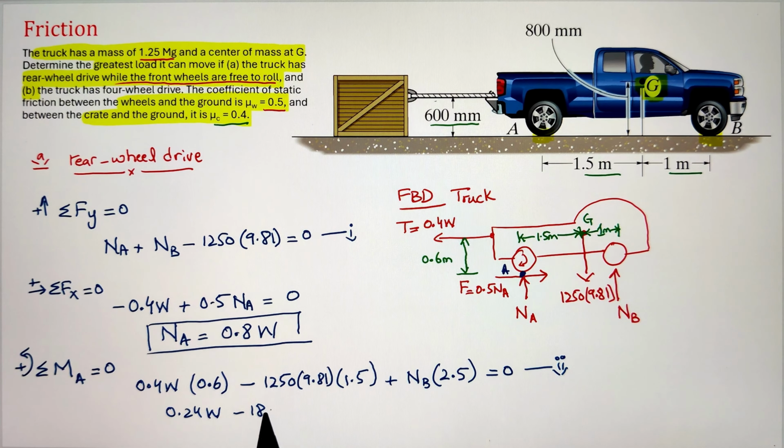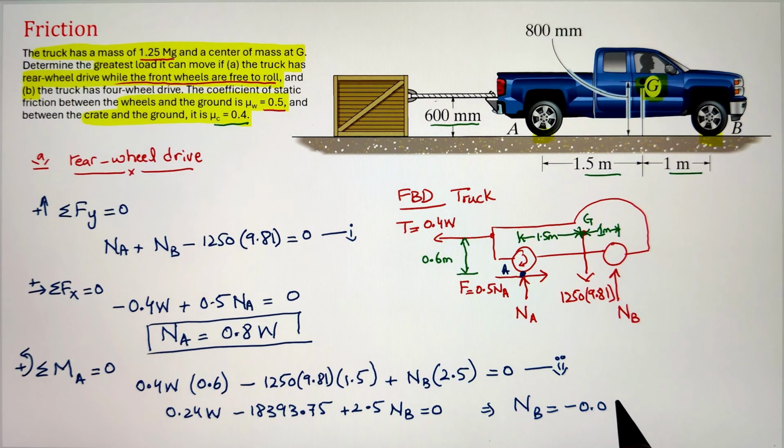So simplifying equation number 2, we can represent our value of NB in terms of the weight of the crate, that is coming as NB equals negative 0.096 W plus 7,357.5.